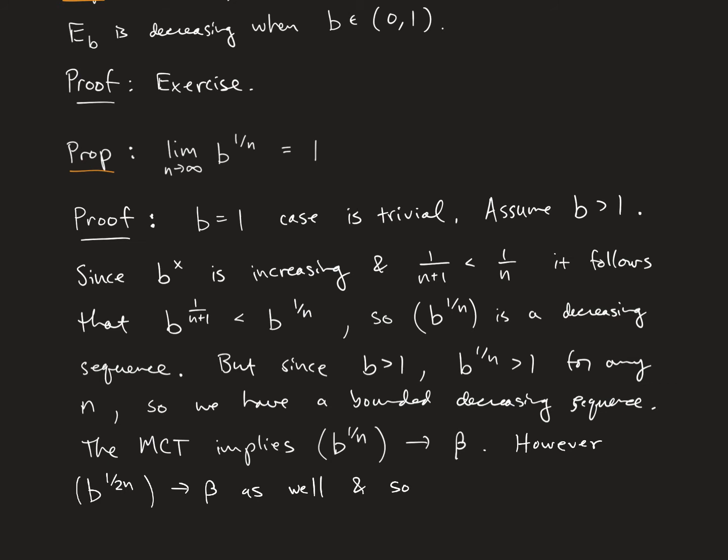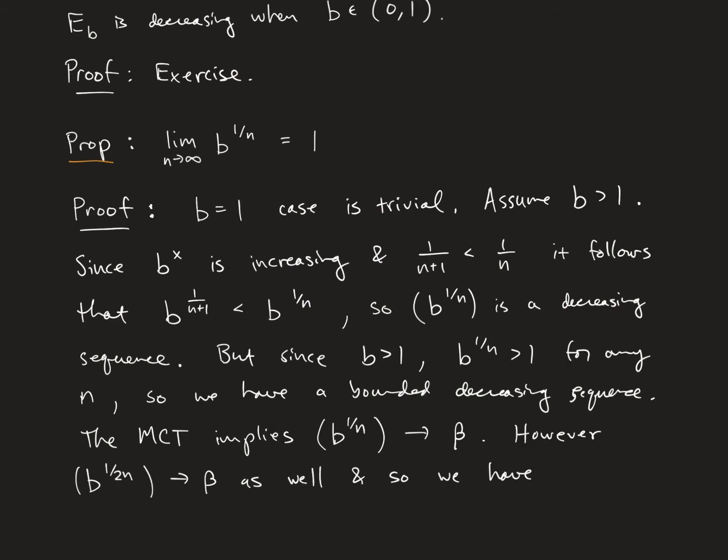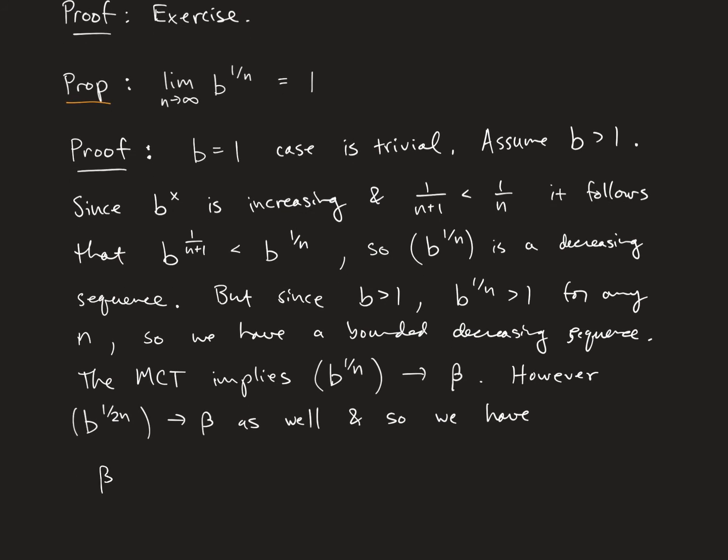And so we have beta equal to the limit as n goes to infinity of b to the 1 over 2n, which is equal to the limit of the square root of b to the 1 over n.